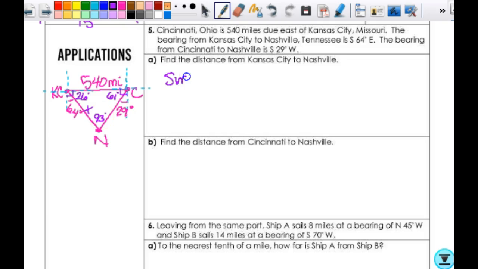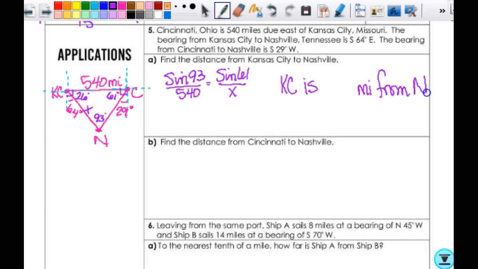So the sine of 93 over 540 is equal to the sine of 61 over x. So then when I cross multiply, do my thing, and then I can say Kansas City is blank miles from Nashville.